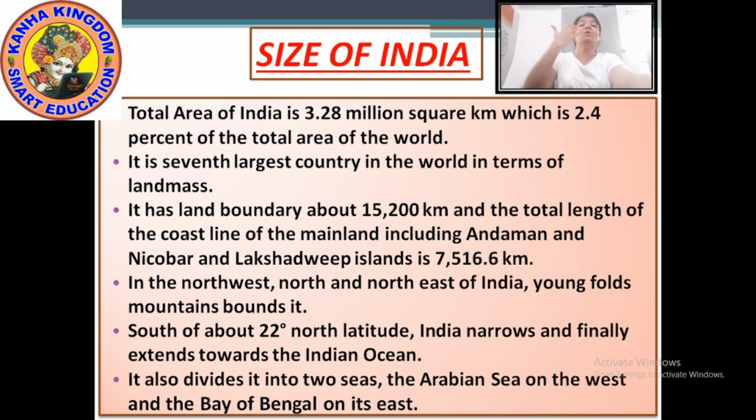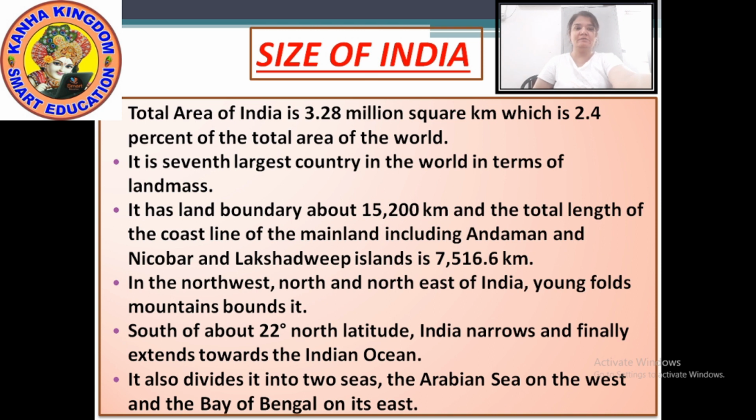Now looking from the north to the south, or you can say from Jammu and Kashmir to Kanyakumari, the distance is 3,214 kilometers.